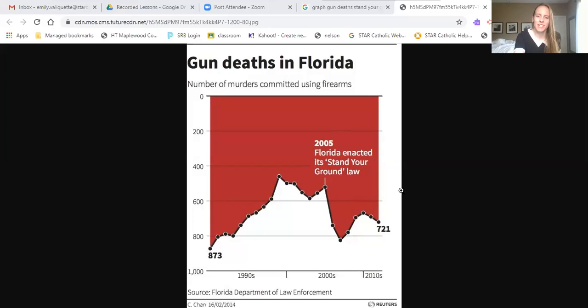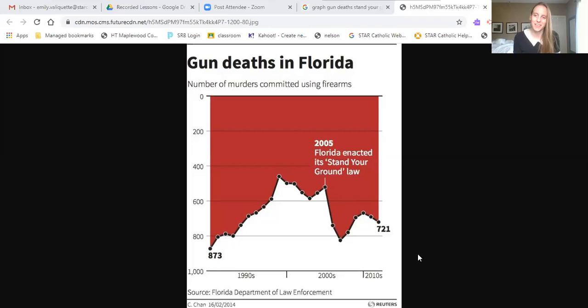It's specifically wanting to draw your attention to this area right here, the Florida Stand Your Ground law, which essentially says if someone comes onto your property, you can shoot them if you need to. In this article, it was talking about how after the Stand Your Ground law was enacted, the gun violence decreased. And it's this right here.